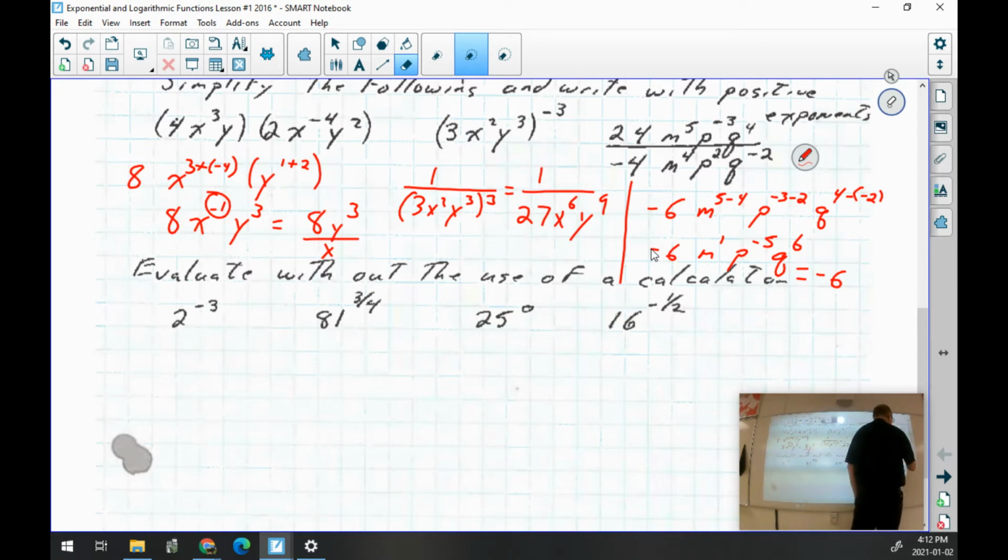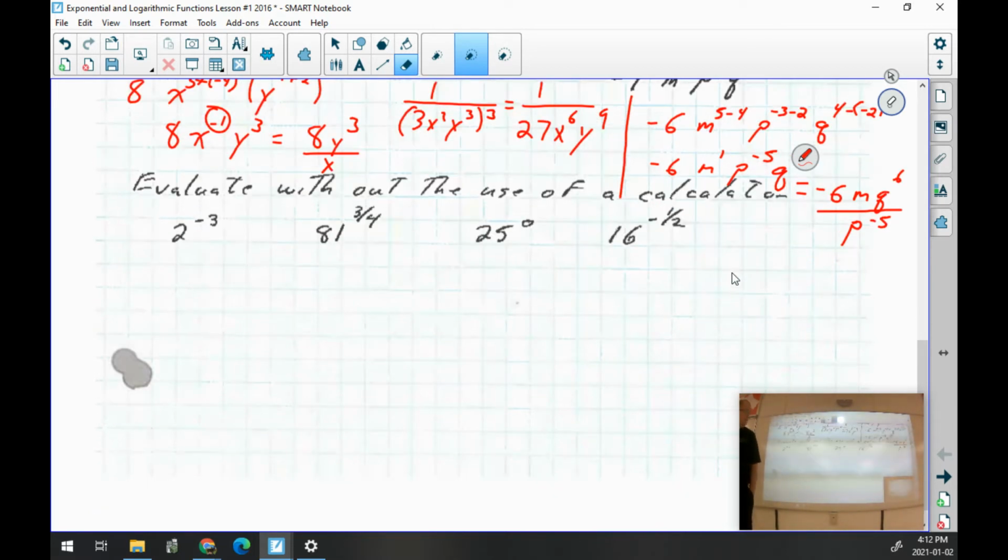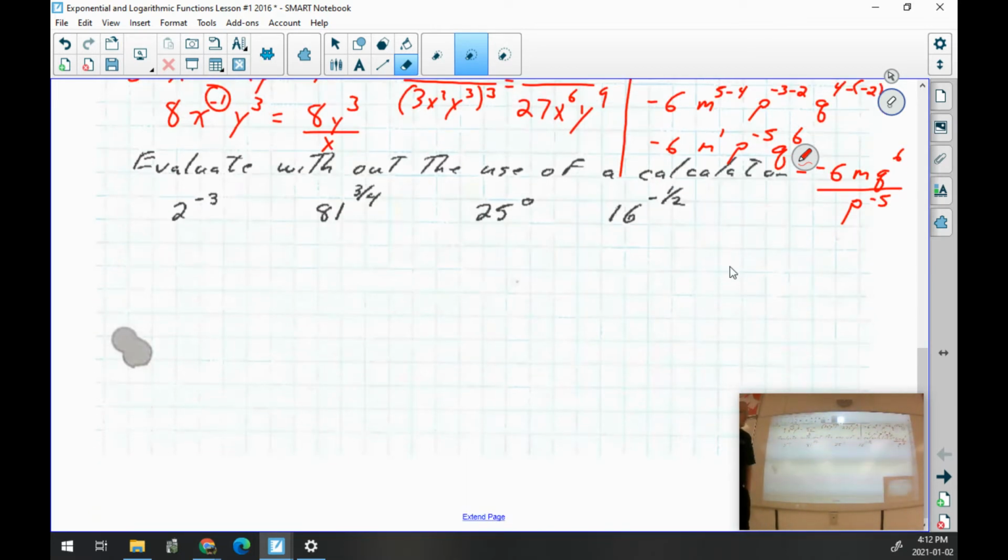So we have negative 6m q to the 6 over p to the 5. Simplifying stuff that we've done quite a bit in grade 10. What this now allows us to do, without use of a calculator, is figure out all these numbers.